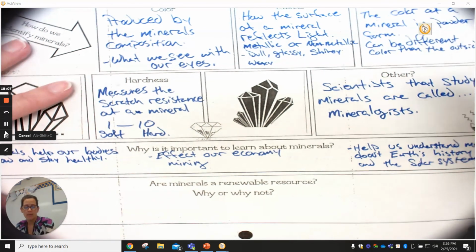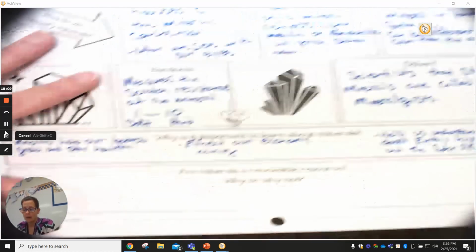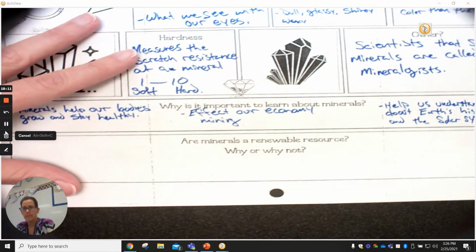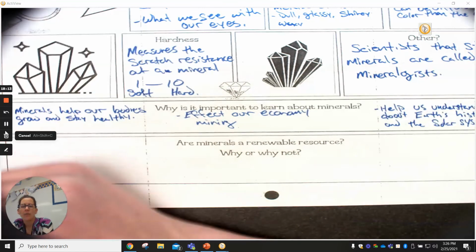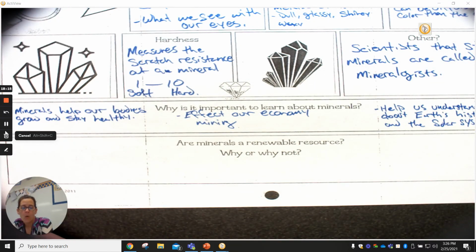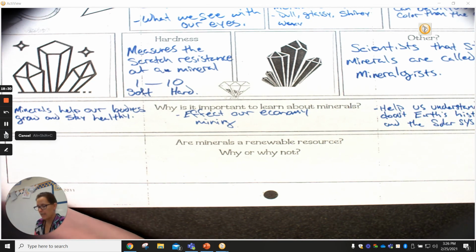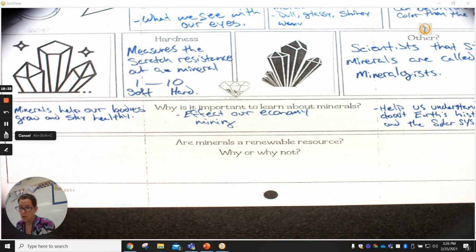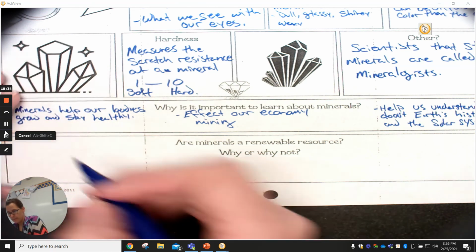Okay. So one final question for you down here at the bottom. Are minerals a renewable resource? Why or why not? So minerals are non-renewable. That means we will not be alive in order to see new minerals being made because they take a very, very, very long time to develop.